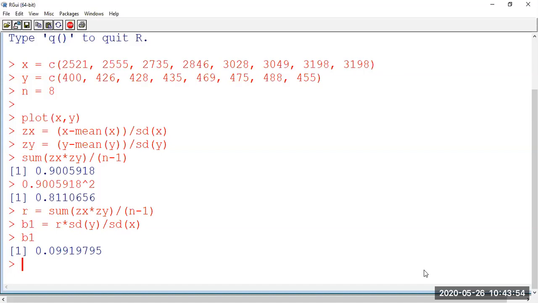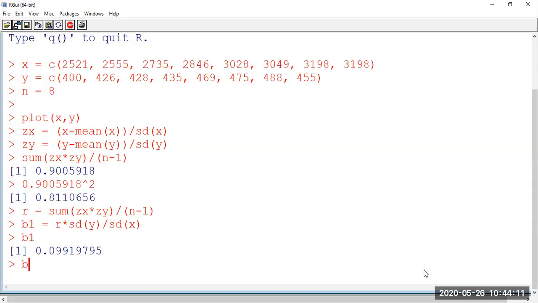So that is going to be the slope. The slope is 0.09919795.